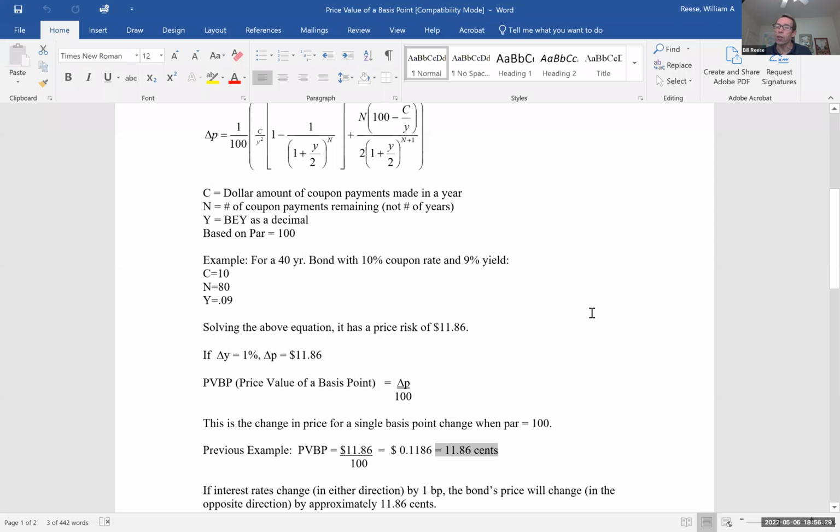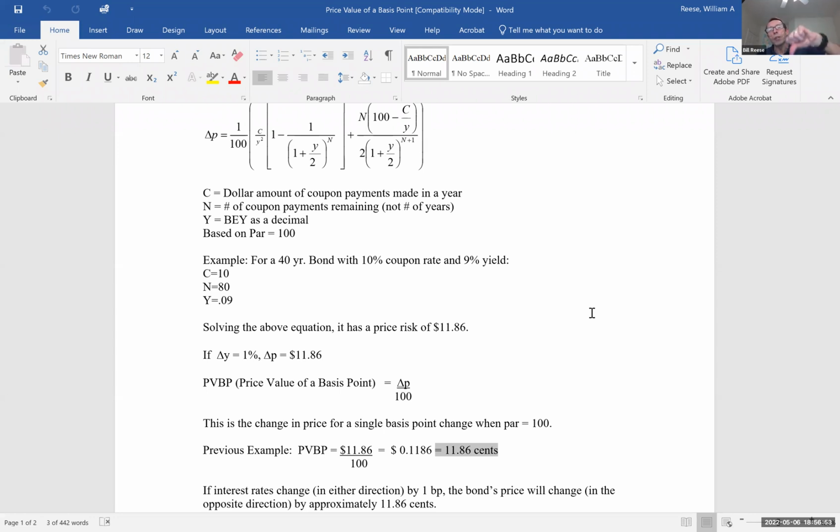So that tells us that if interest rates go up by 1%, then the price of the bond goes down by 11.86 cents. If interest rates go down by 1%, the price of the bond goes up by, excuse me, I was wrong there. If interest rates go up by 1 basis point, the price of the bond goes down by 11.86 cents.